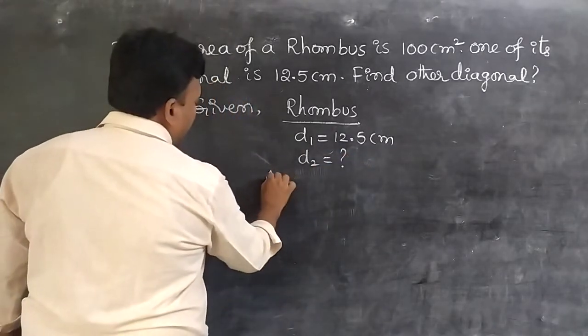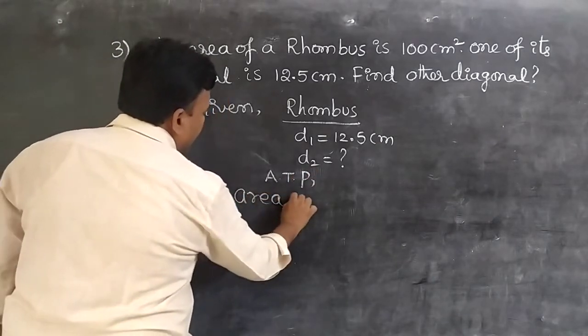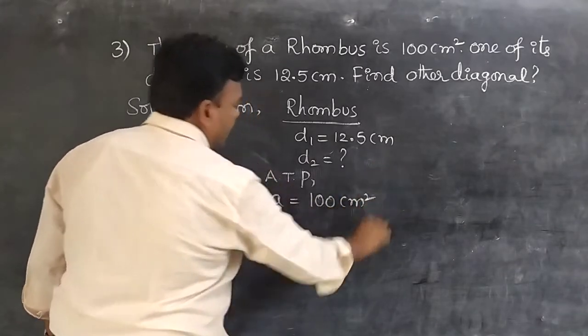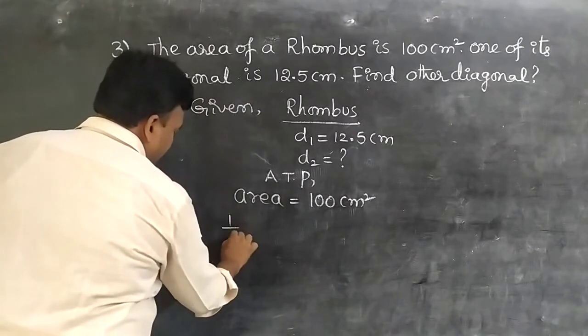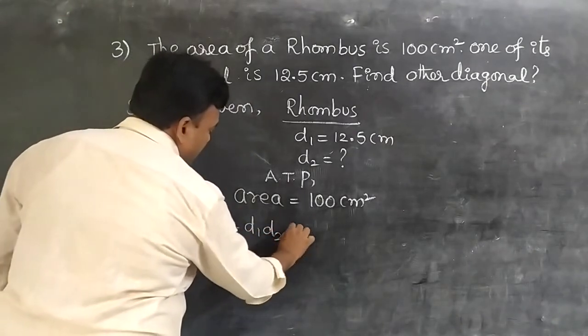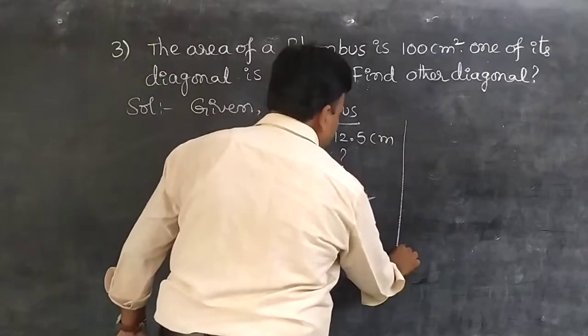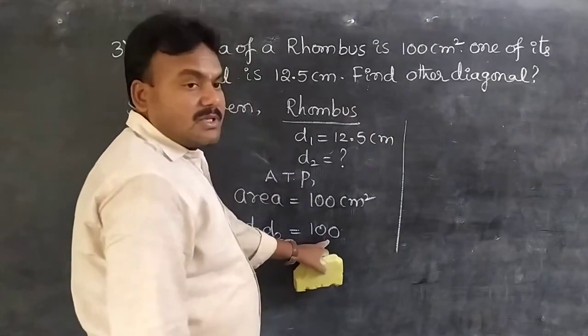So according to the problem, area equals 100 square centimeters. Right. What is the area formula? 1 by 2 d1 d2 equals 100. Then that implies substitute the values. So here the 2 transfers to the right side and becomes multiplication.